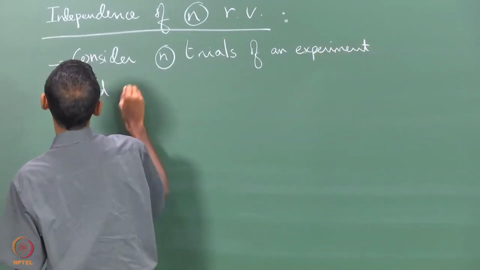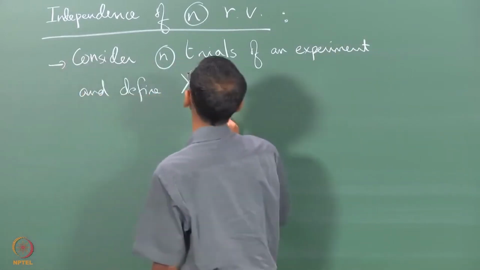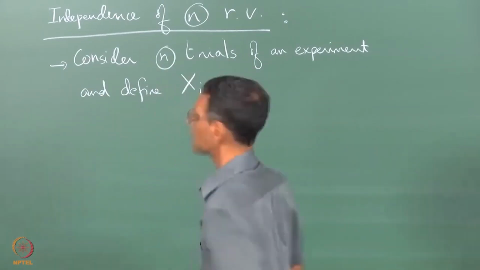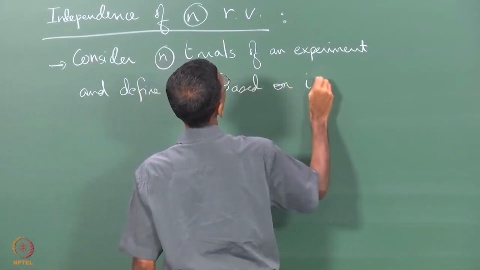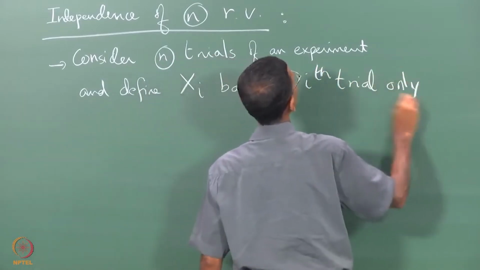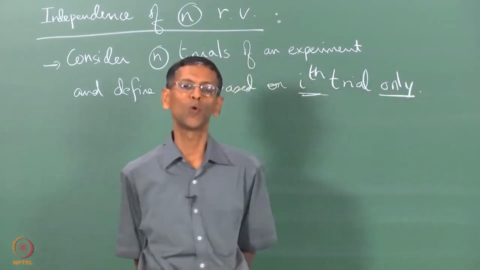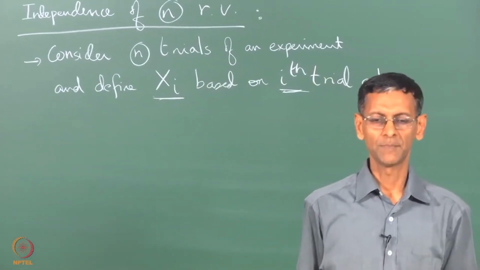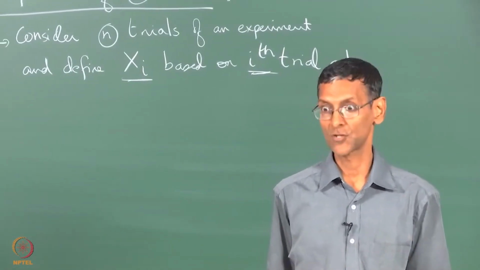and define the random variable Xi only for the ith trial, right? In other words, I do not want this Xi to be defined as the sum of all the numerical observations that you may make from different trials or anything of that sort, right?